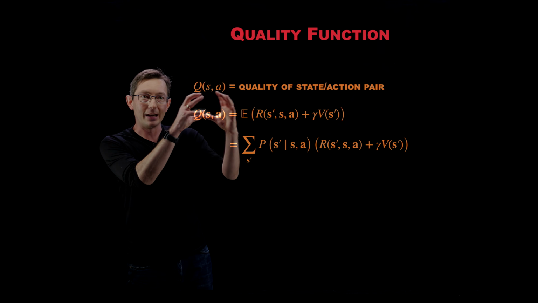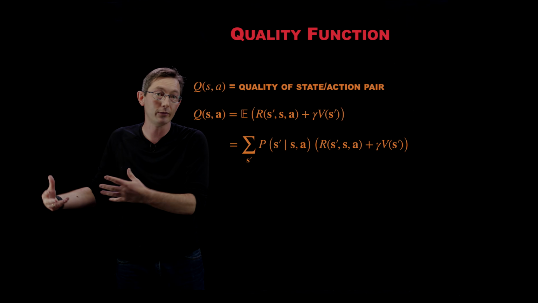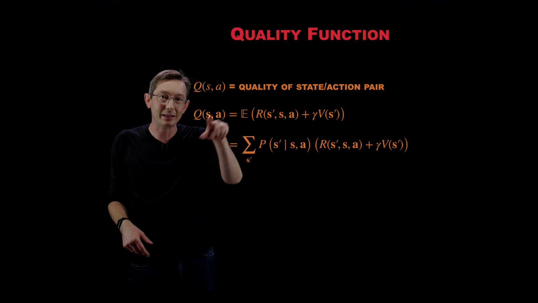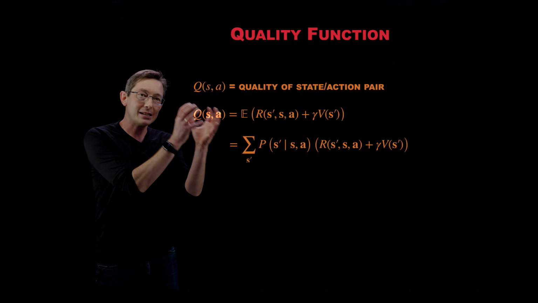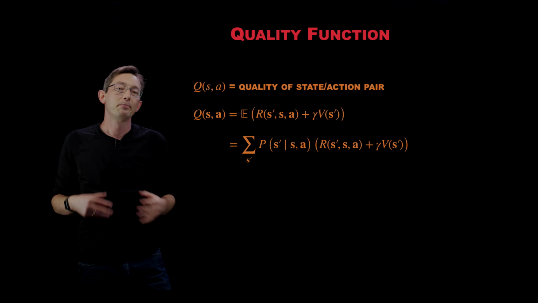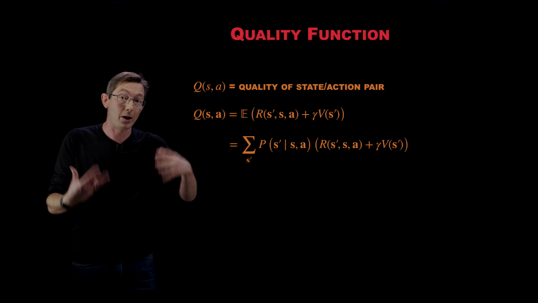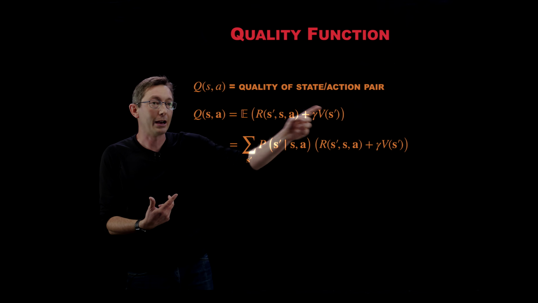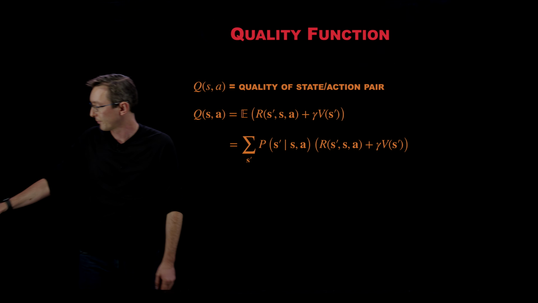So I can optimize directly and iteratively improve this quality function, and I don't need a model for what my next state is because it's already implicitly defined in the quality function. That's a subtle point, but writing it as an implicit function of the future state instead of an explicit one means that I can do model-free reinforcement learning. I can optimize this quantity directly without knowing what my future state is going to be. I can do this by trial and error.